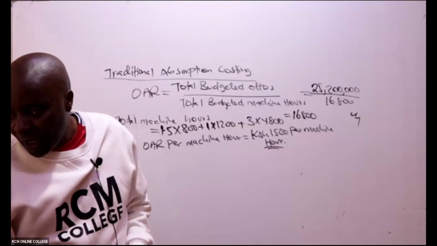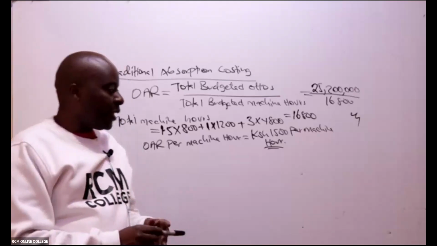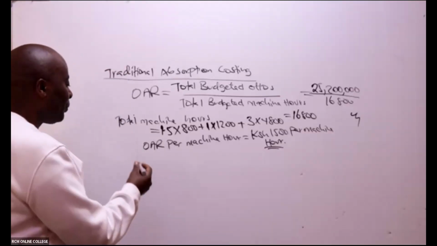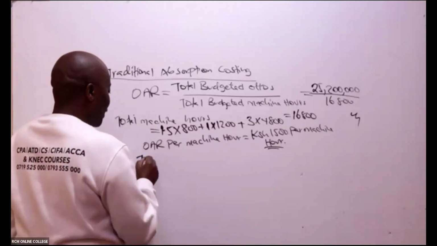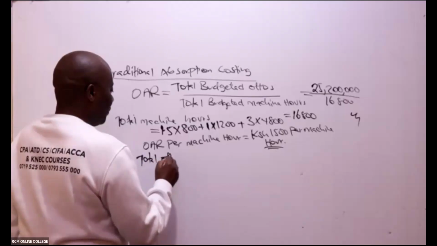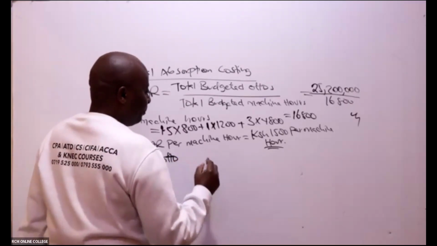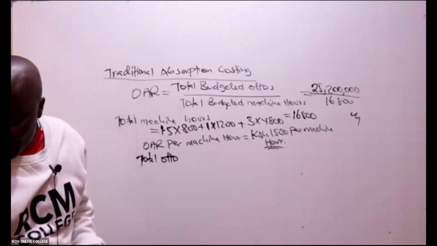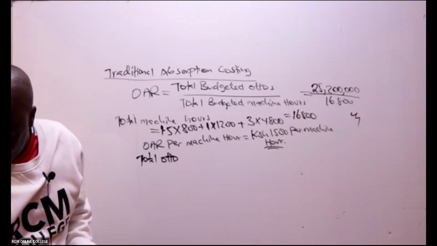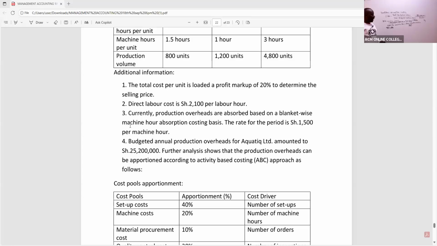So then you can go ahead and give us the total overheads for each one of our three products. Do you know the name of our products?